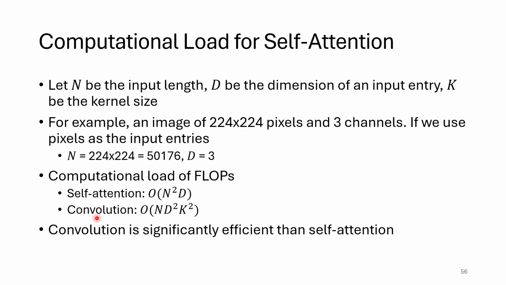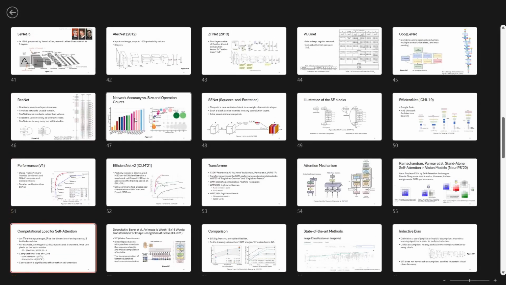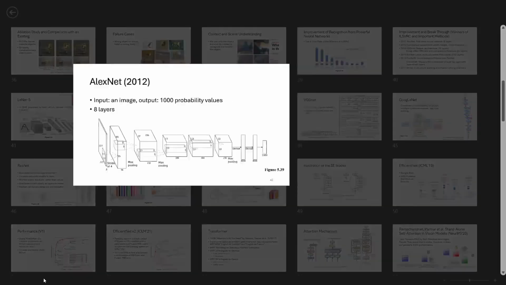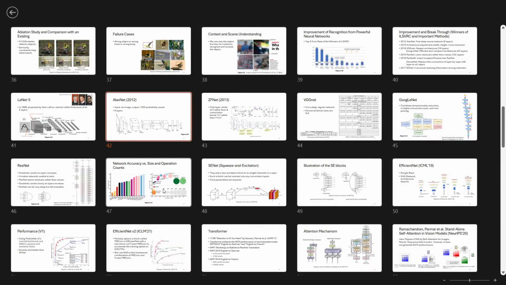And for convolution, the computational load is n times d squared times k squared. And what is k? K is the kernel size. As you can see, what's the kernel size? 11 by 11, 5 by 5. It's relatively smaller than n. N is 50k.